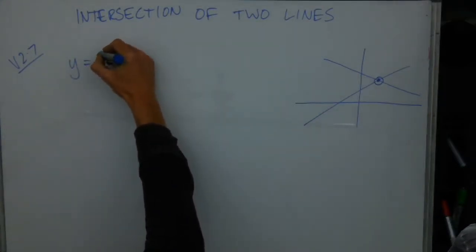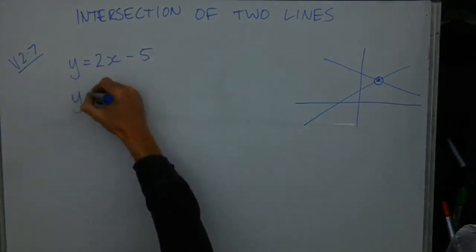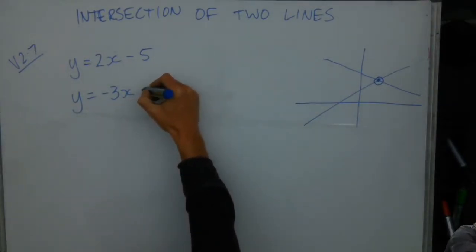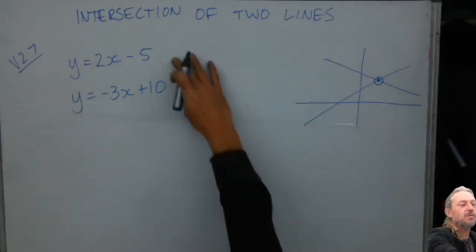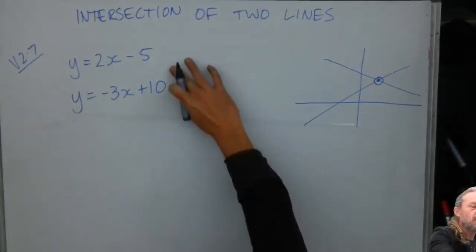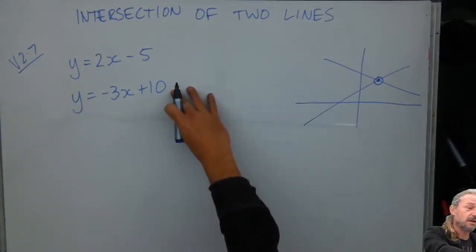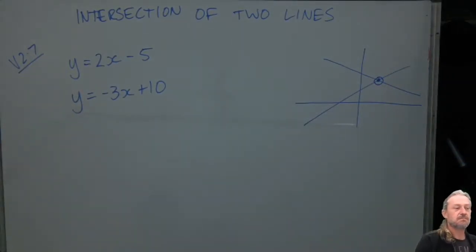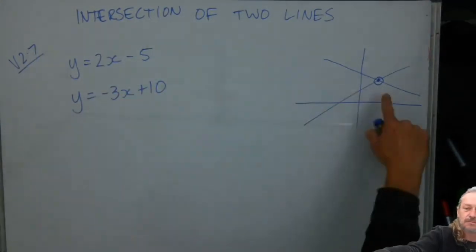First one, y equals 2x take away 5, and y equals negative 3x plus 10. So there's the two lines, and we want to find the point where both of these lines intersect. So essentially what we want to do is we want to know when this and this are equal.